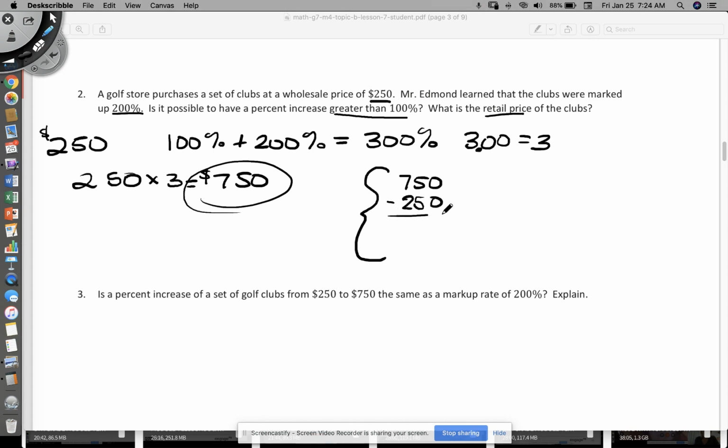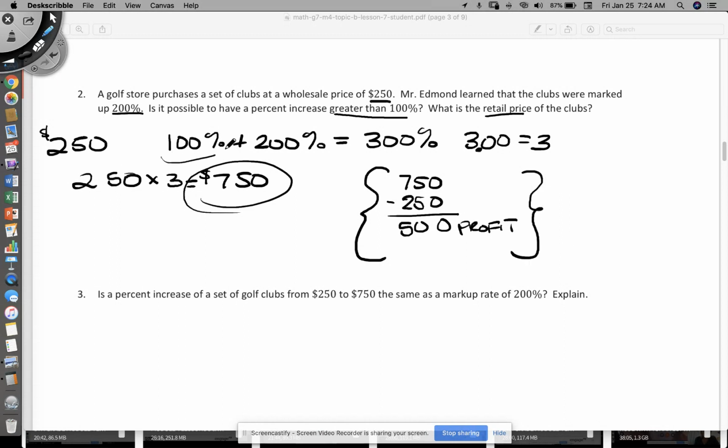And so when they take their $750 and subtract it from their $250, they're going to get a $500 savings. Okay? That's $500 savings in the sense is money that they get to pocket. This is profit. Or they can save it and purchase other items with that money. So that's how that all works.